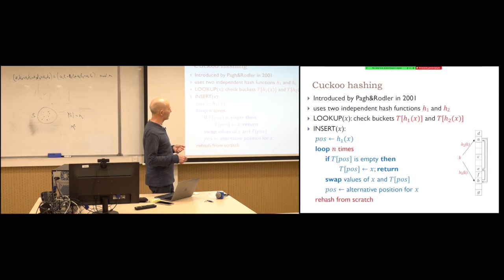Because these locations in the hash table can be seen as nodes, and these arcs between the two possible locations of each object can be seen as edges, and a loop is a loop in this graph actually.